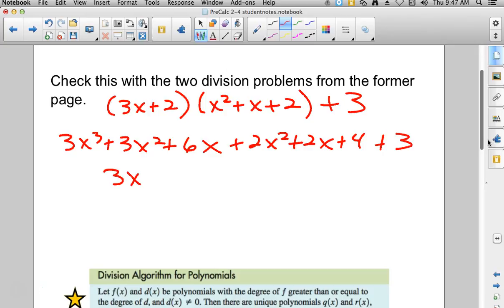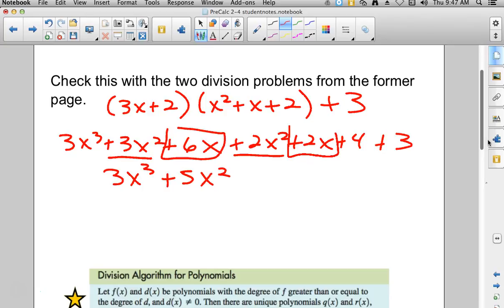We have the 3x cubed, we have 3x squared and 2x squared for a grand total of 5. We have 6x and 2x for a grand total of 8. And then we have our little 4 and 3. Now that has to be our dividend or we messed up. And our dividend was 3x cubed plus 5x squared plus 8x plus 7.